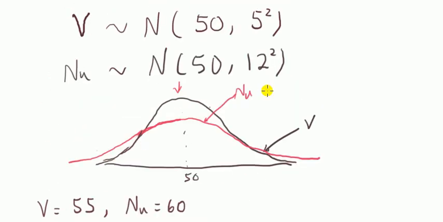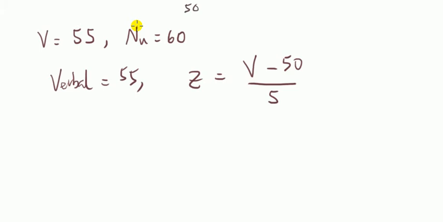So 55 substituted in, 55 minus 50 over 5, gives me 1.